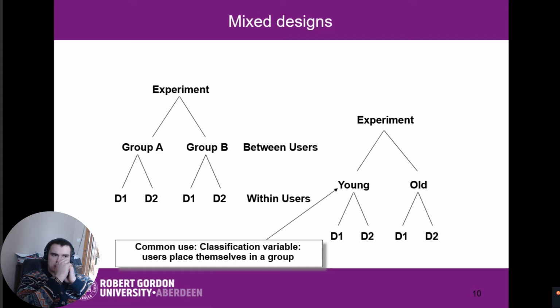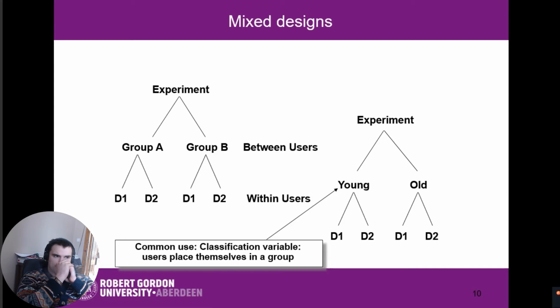So in other words, we've taken a bunch of people, call them 60 people, we've randomly allocated 30 into group A, 30 into group B, and we then, everybody does, let's say, task 1 and task 2.